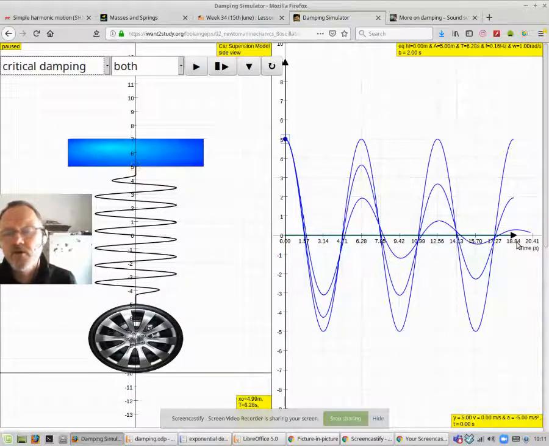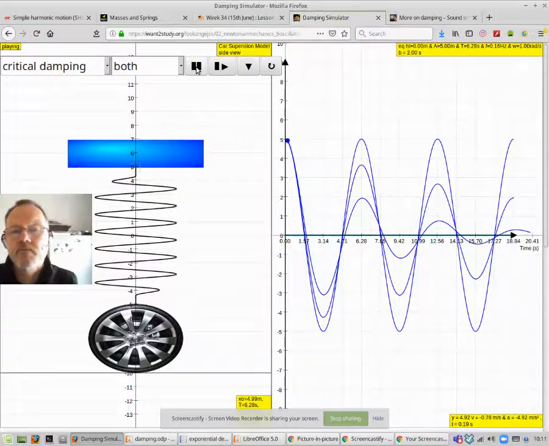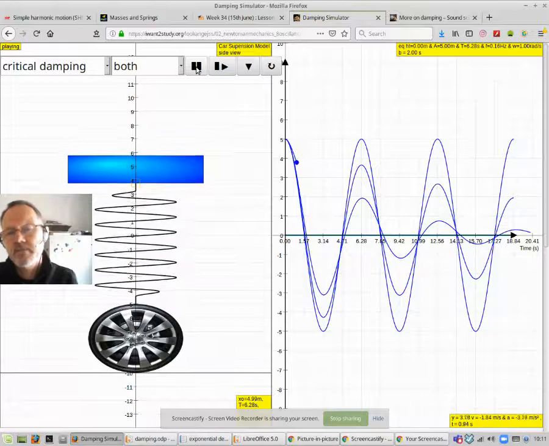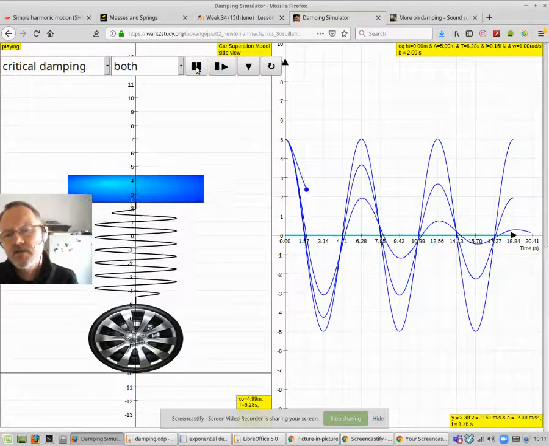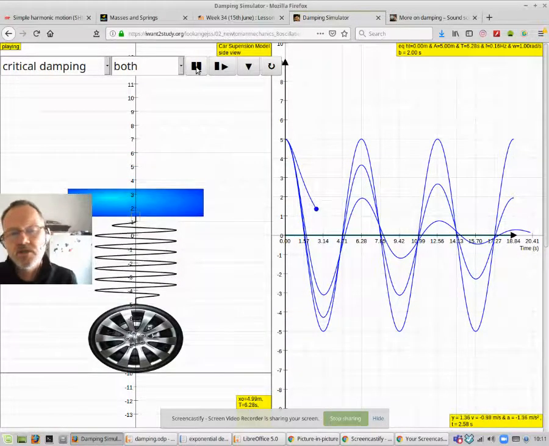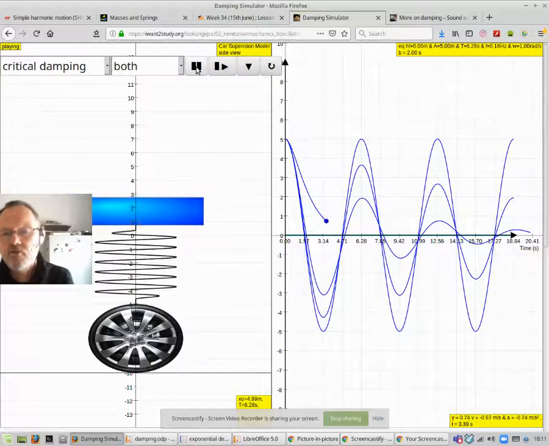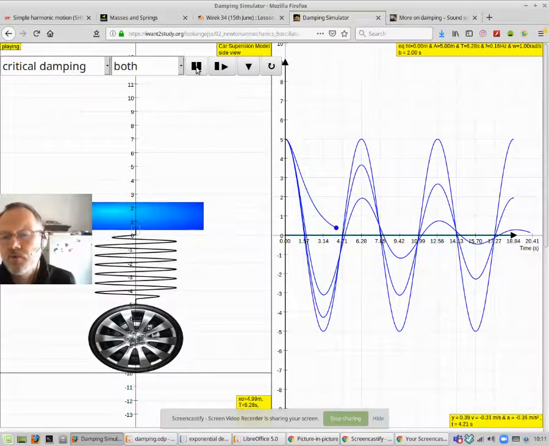We'd much prefer them to die away quickly, but then we don't want it to be too quick, so that we don't get any decrease over time. We don't want a sudden change because that'd be very uncomfortable. So critical damping is this one. Critical damping is the damping which causes the system to return to the equilibrium point in the shortest possible time.